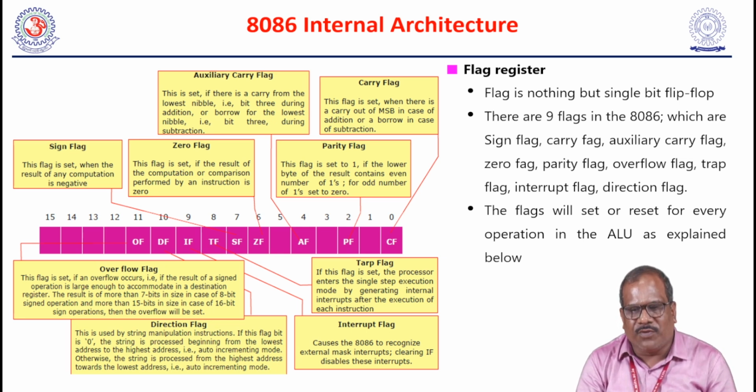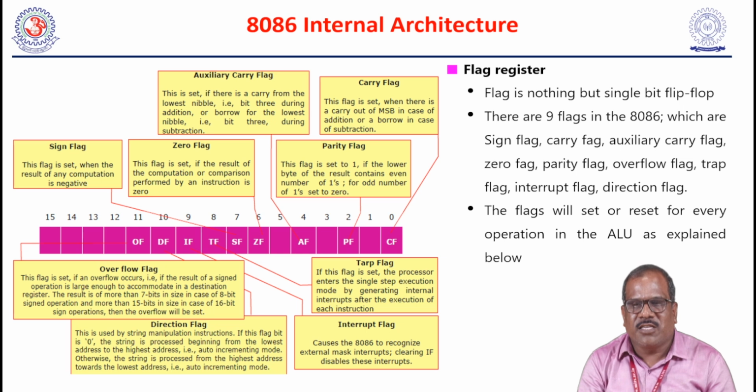For the zero flag, after an ALU operation, if our result becomes 0, then the zero flag is set, otherwise it is reset. The sign flag represents the sign bit. When the sign flag is 0, the data is positive, and when the sign flag is 1, the data is negative.